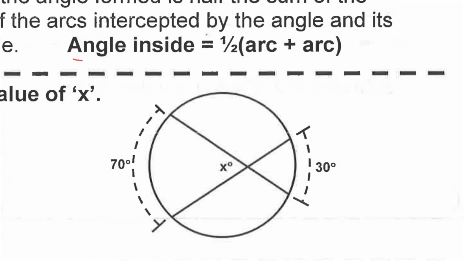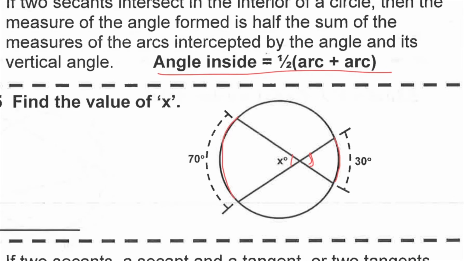Here's a picture, and there's a little formula. When they're talking about the angles inside, they're talking about these two angles right here, okay? Those are vertical angles. They're the same thing, but they cut out different size arcs. This angle over here on the right cuts out a 30-degree arc, and this one cuts out 70. Now remember, this isn't a central angle, so those angles aren't 30 and 70, okay? Well, what it's saying that you do is you take those arcs, you add them up and divide it by 2.